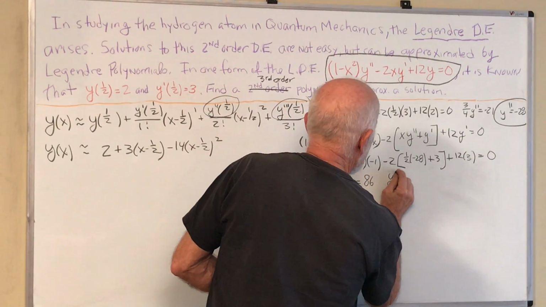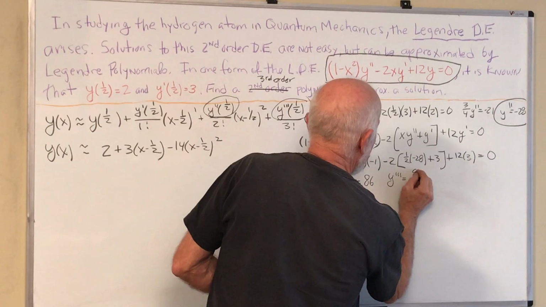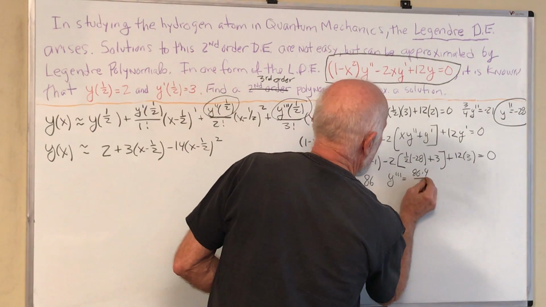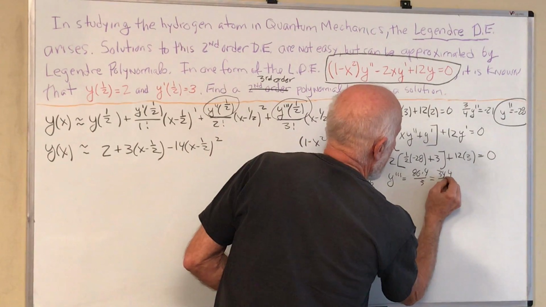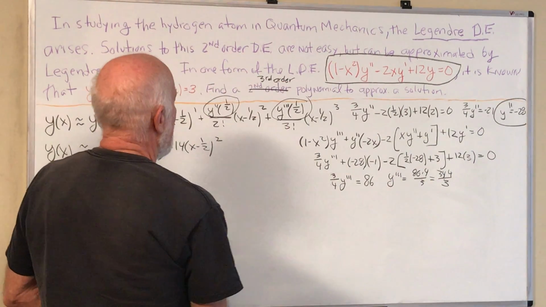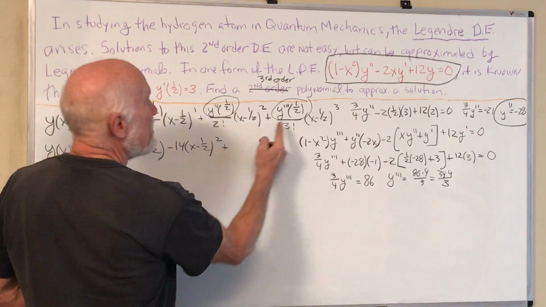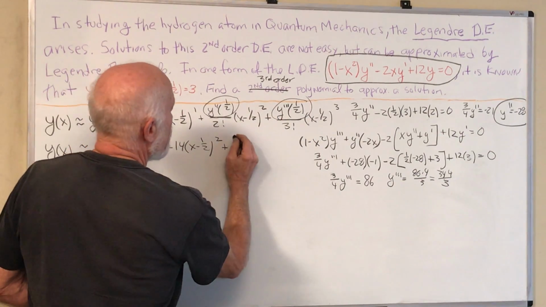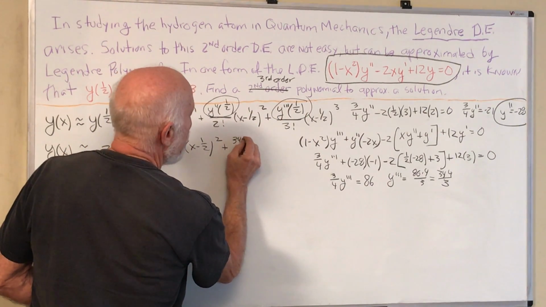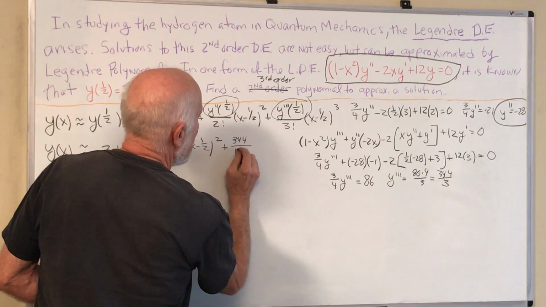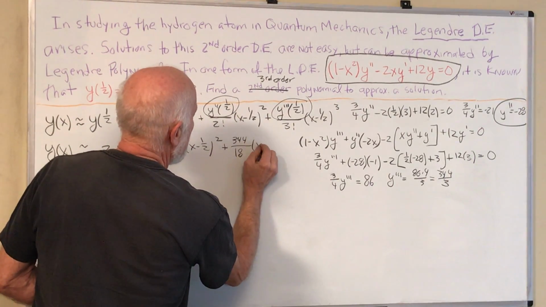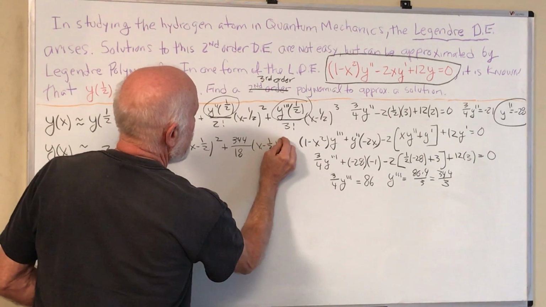So that means y triple prime is 86 times 4 over 3, or 344/3. So I can now get my last term. 344/3 divided by 3 factorial times x minus 1/2 cubed.